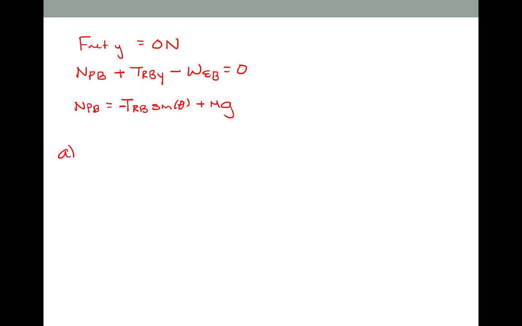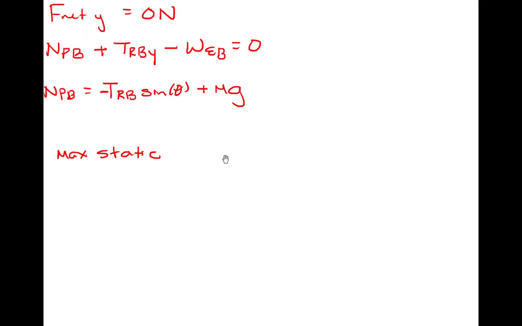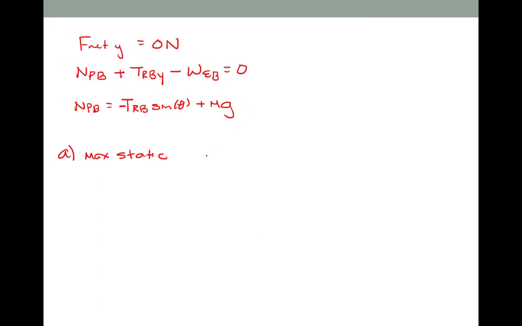For part A, we're dealing with max static friction. That tells us that static friction will equal the coefficient of friction times the normal force, which in this case, that tells us that FSB will equal mu S times PB.